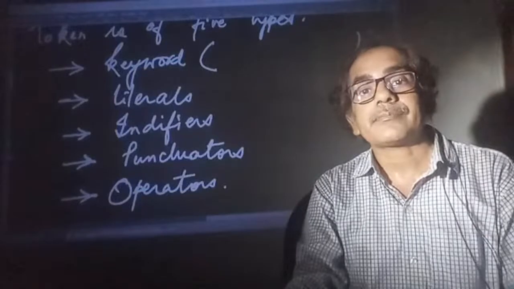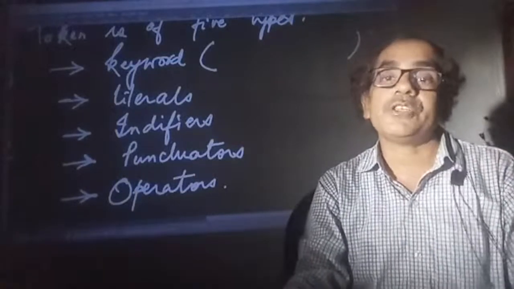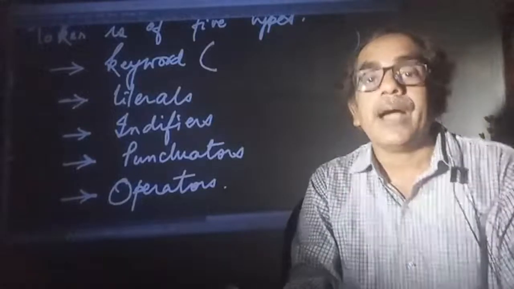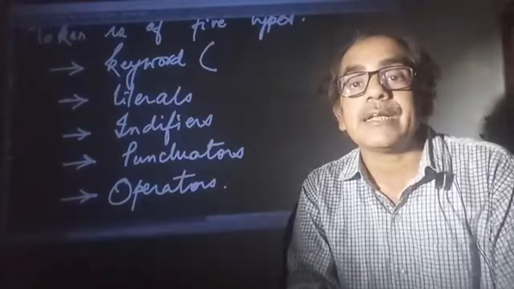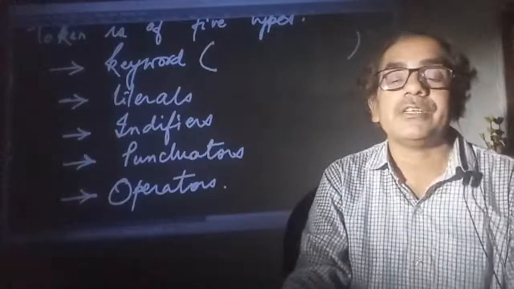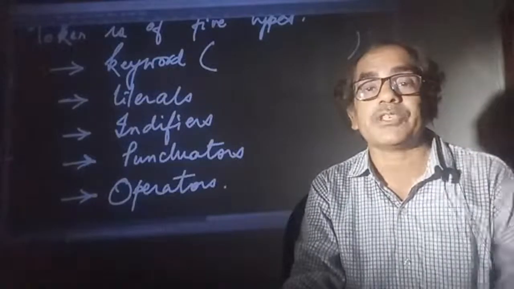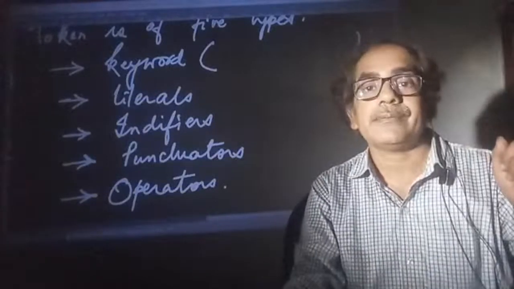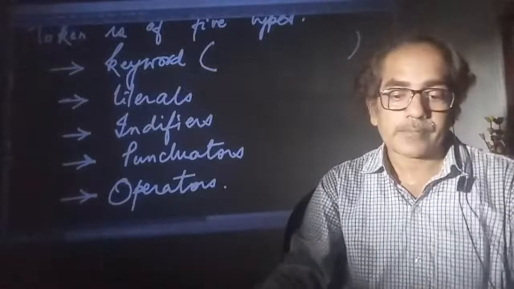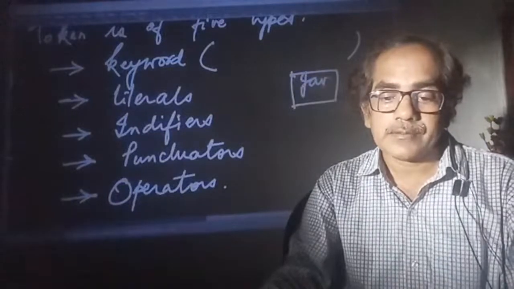Literals, the data items with which you work. Why are you writing a computer program? A computer program is written for data processing. Your computer program will collect some information from the user side. You know, this is a Java program.